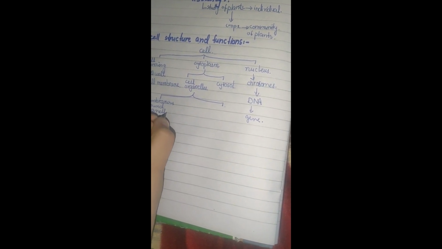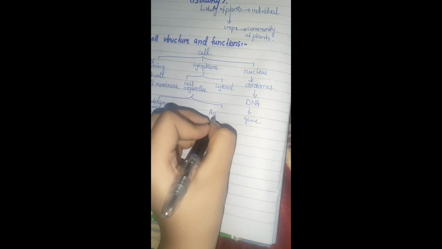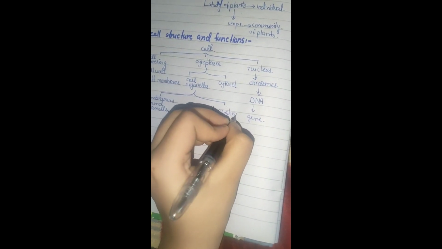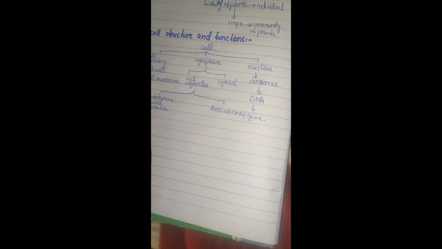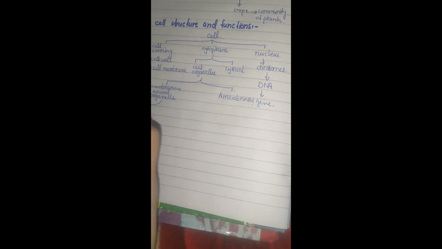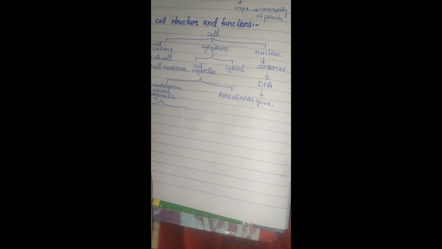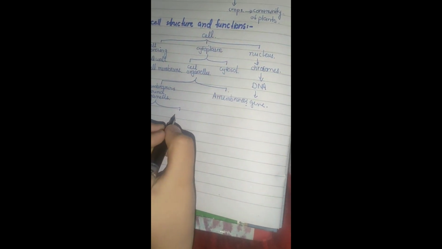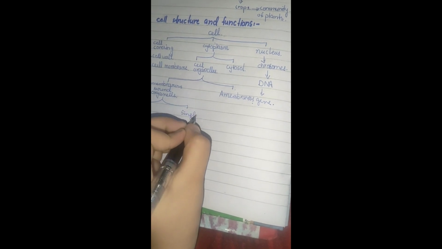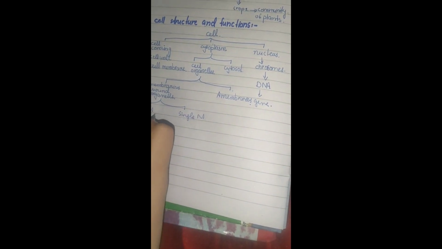Now the cell organelles are divided into two parts again. Number one is membrane bounded organelles, while the other is amembranous, where A means absence of membrane. In the membrane bounded organelles we again have two types: double membrane bounded organelles and single membrane bounded organelles.